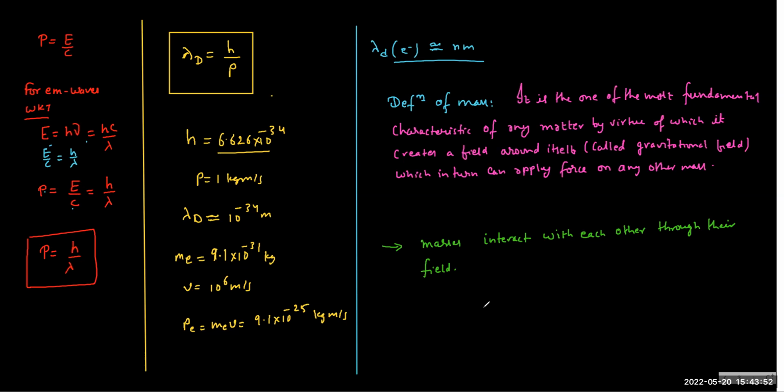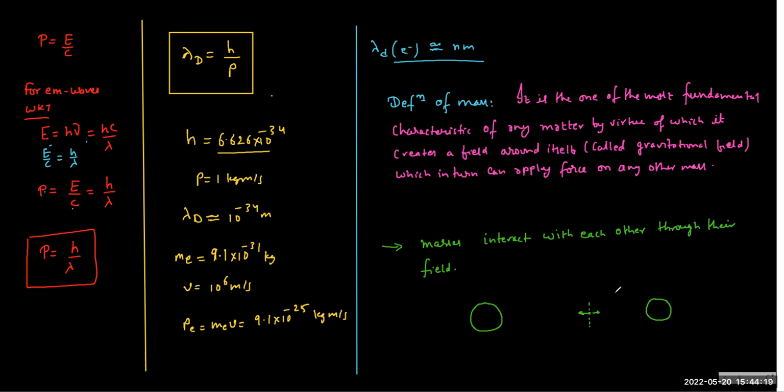So if we have two masses, then the field of every mass will be present everywhere, but we can get one point at which the fields of the two cancel out. This point is the point at which no field will exist, and we can call it the neutral point or the point of equilibrium.